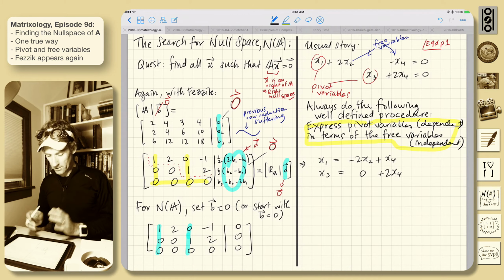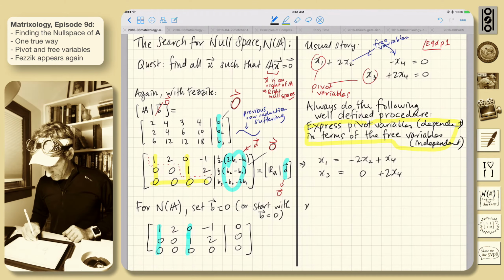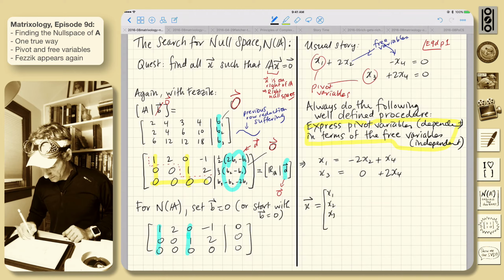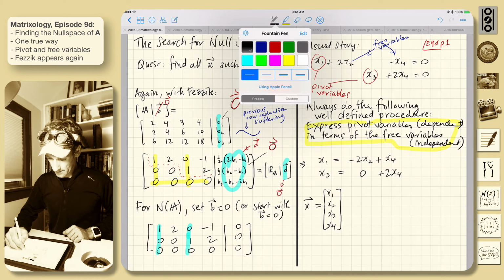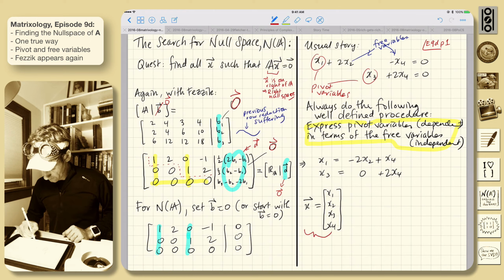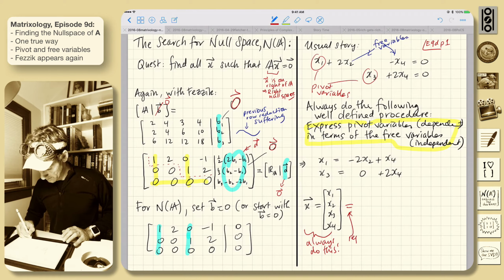And then the next step, always do this too: write x1, x2, x3, x4 down. Similar to what we had for column space. Always do this. And then here, replace the pivot variables with free variables.